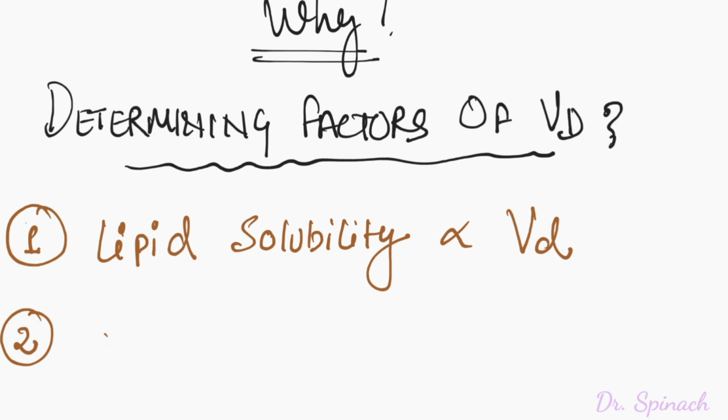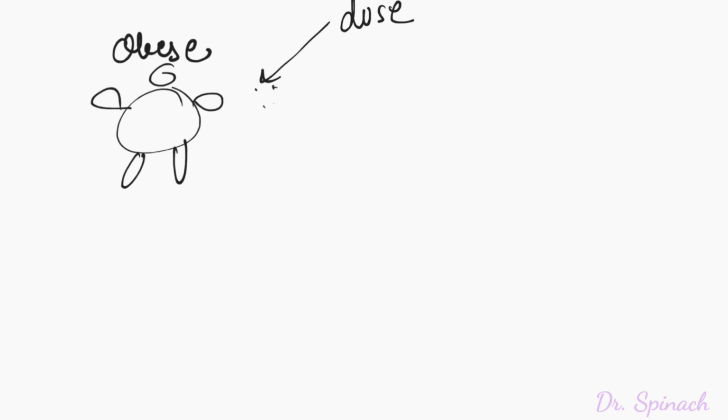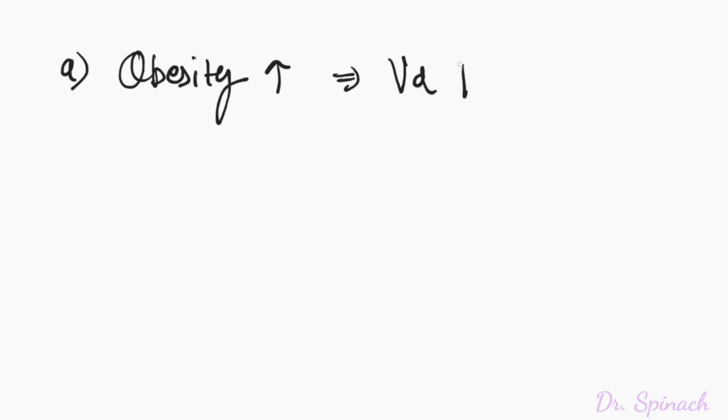The second one is the fat content of the body. This is kind of an interesting one. Because if a person is obese, the dose of drug required for him or her will be higher, especially if the drug is lipid soluble and has the tendency to distribute into the body's adipose tissues. So, we can say that with increase in fat content, the volume of distribution increases.